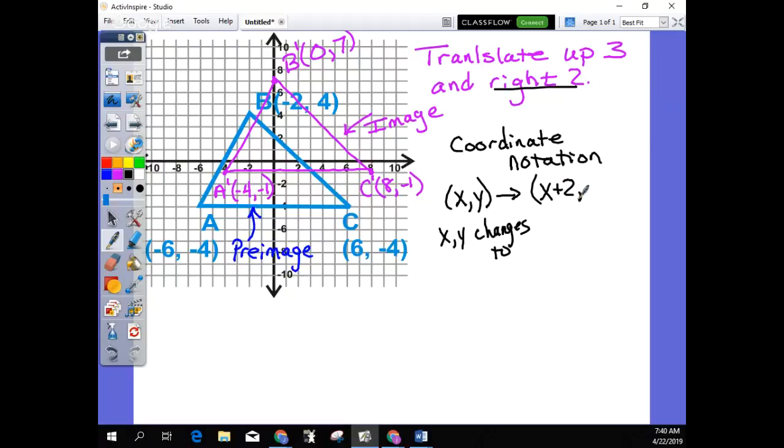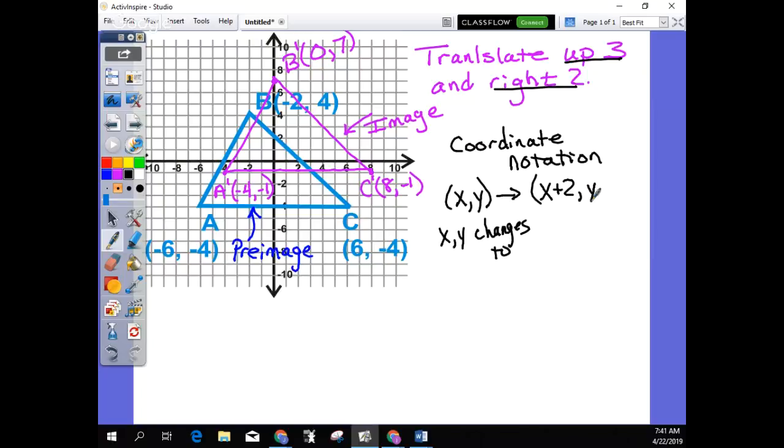Then if I go to my Y's, we had to translate up 3. If you're iffy on it, you can look at the Y coordinates. Here's my pre-image A: we went from -4 to -1. That's an up 3 situation, so that's a +3. Then I went from 4 up to 7, that's a +3. And let's try C as well. We went from -4 to -1. That's +3.